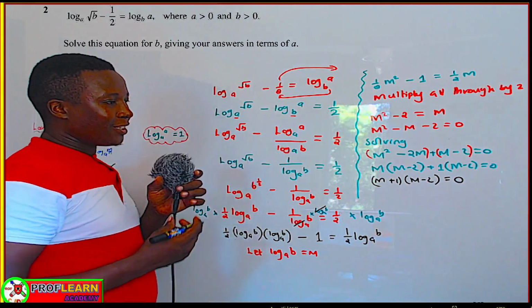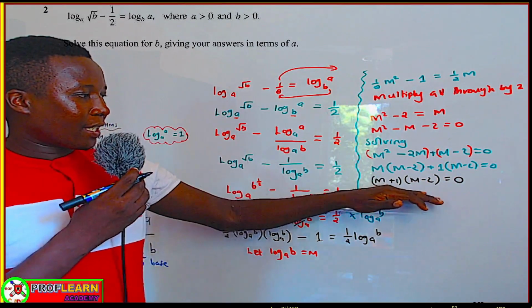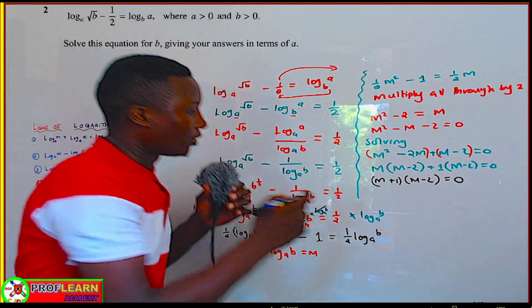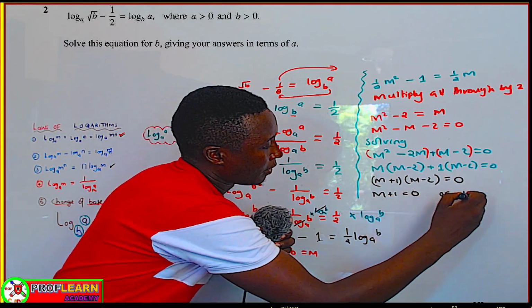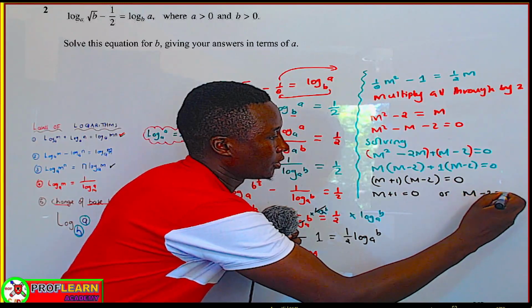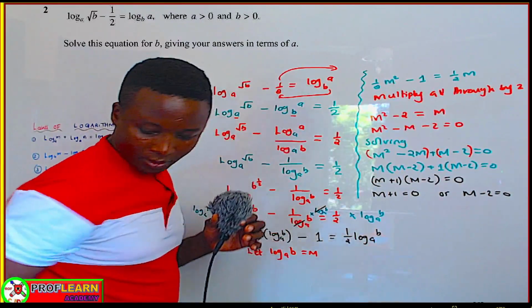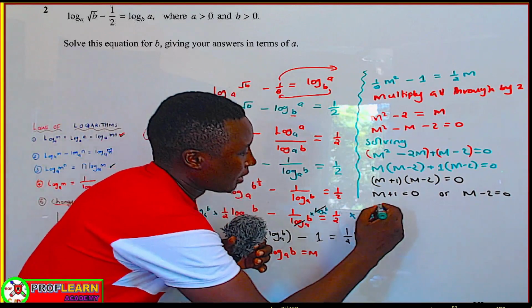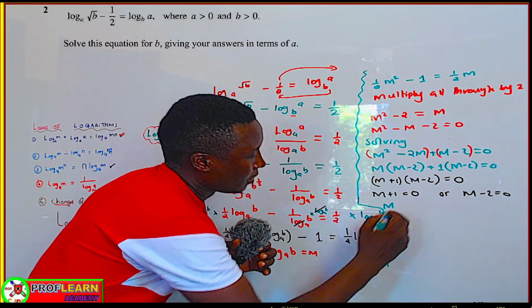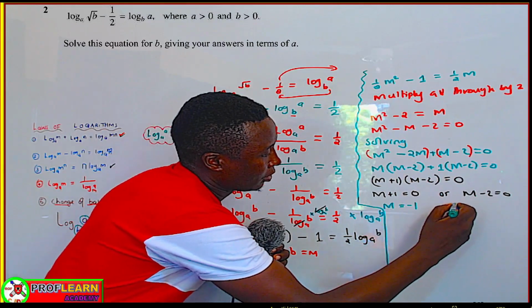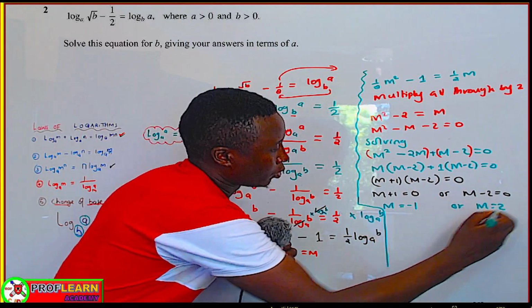We can from here find the value of m. M plus 1 equals 0, or m minus 2 equals 0. So our first m is going to be equal to negative 1, or m equals 2.